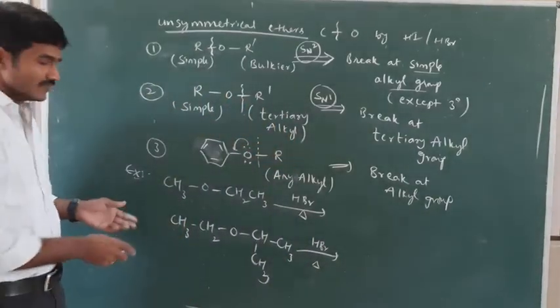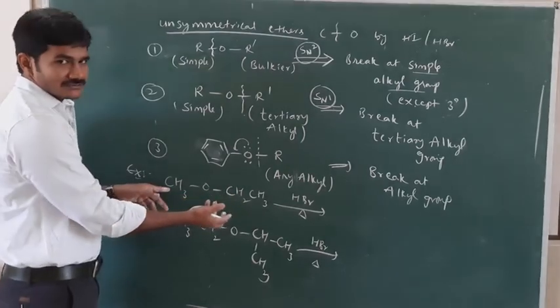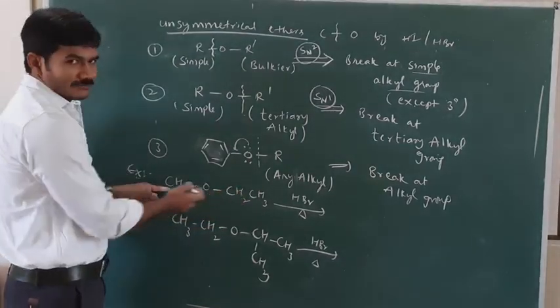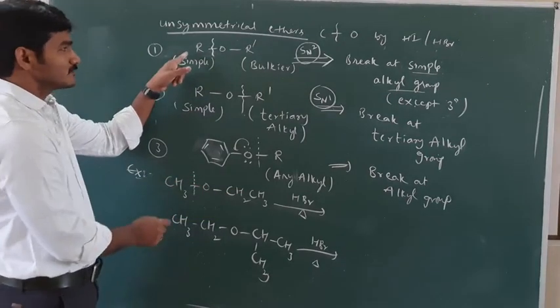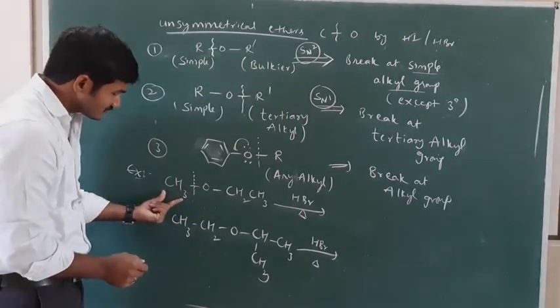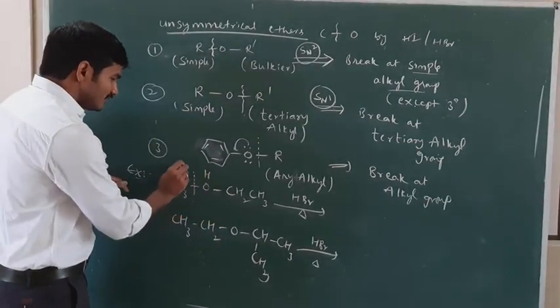Understand this. This is simple, this is more bulky compared to this. So between simple and bulky, we always break at simple according to this point. Now here we have to add H, here we have to add Br.